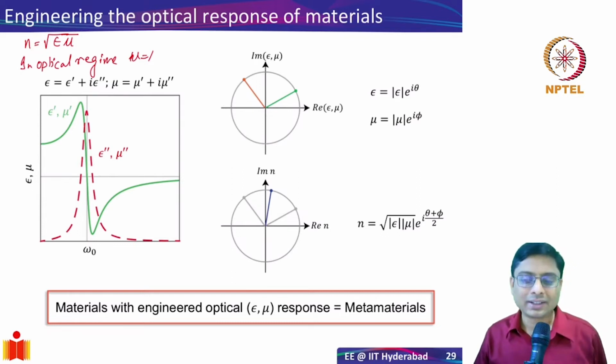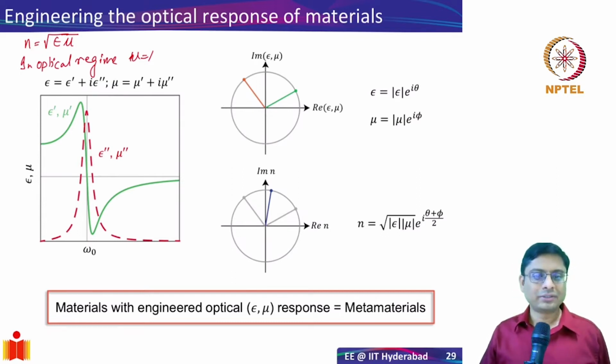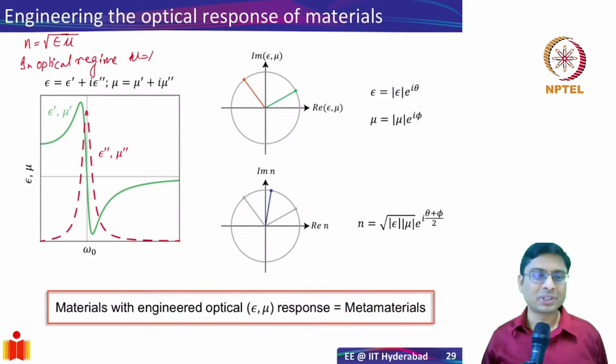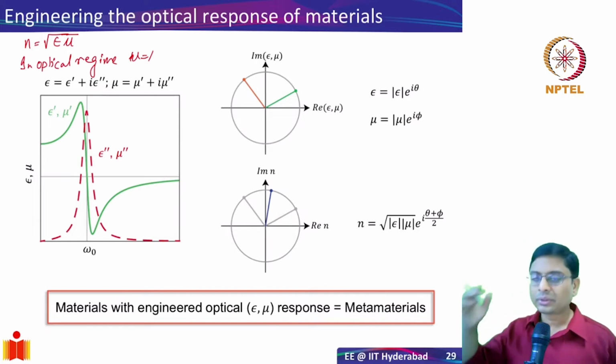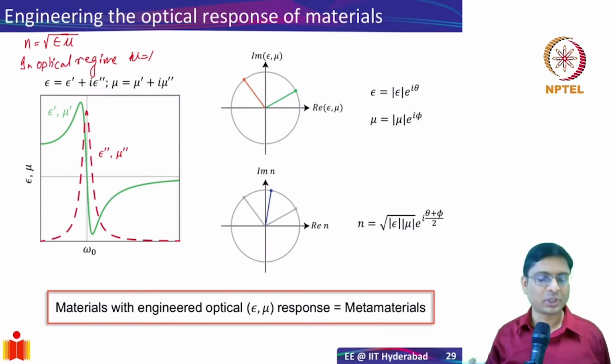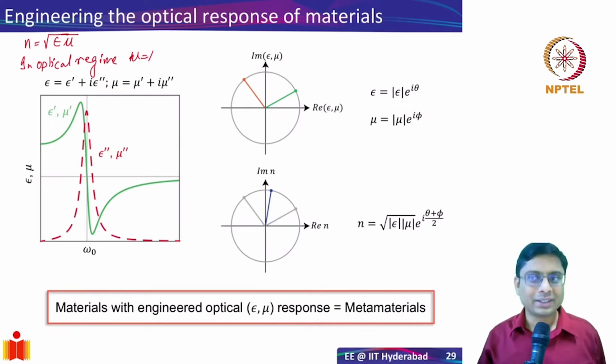The reason we find it interesting is that when you have materials with this engineered epsilon and mu, we call them metamaterials. Meta meaning beyond, beyond the existing materials, that's why we call them metamaterials. We are going to discuss them at length at some later point, but right now I just want to give you an idea of why this is important.